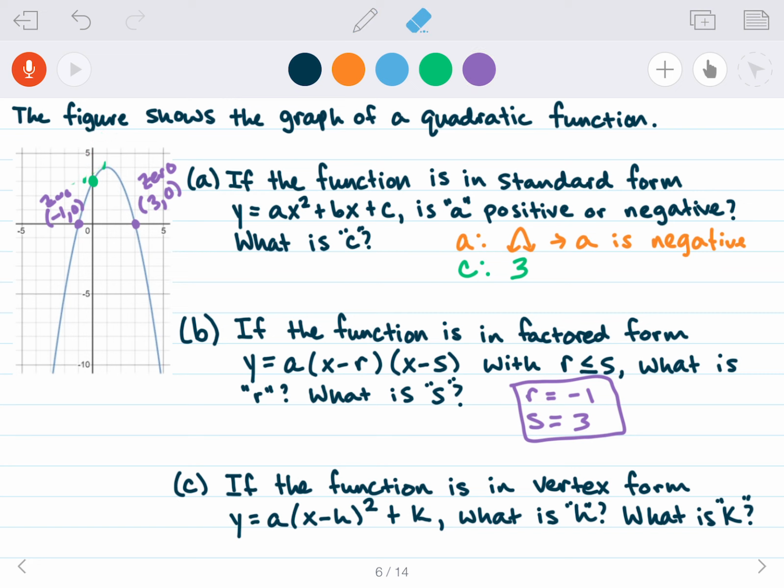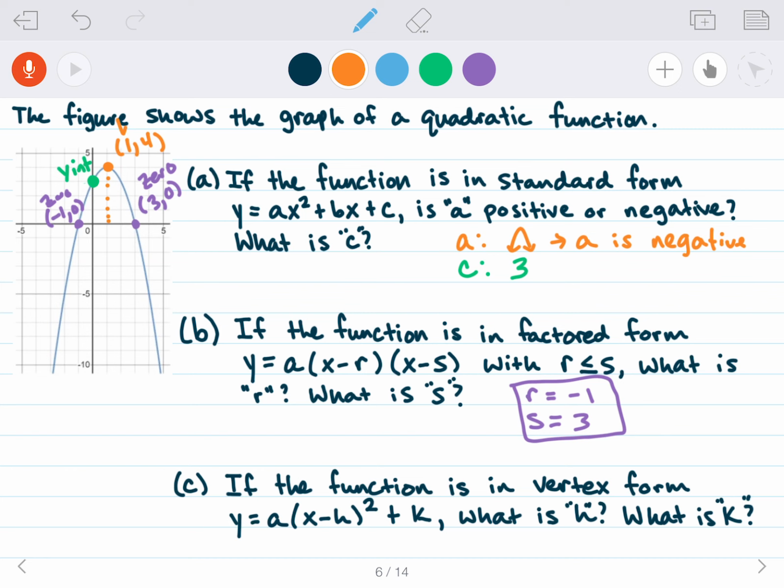Actually, I'm going to make some room here. Right here, this is the y-intercept. And the vertex is going to be this very highest point, which we can see right here. And so this has an ordered pair of x equals 1, y equals 1, 2, 3, 4.